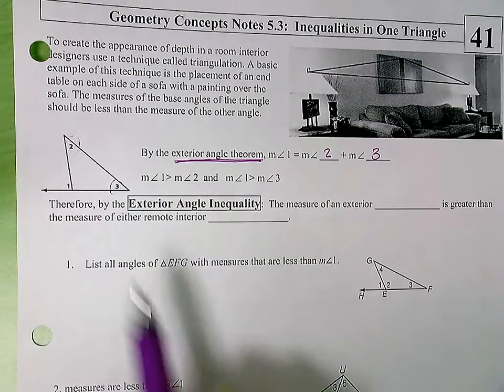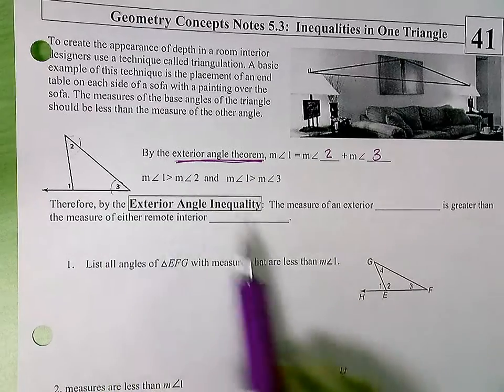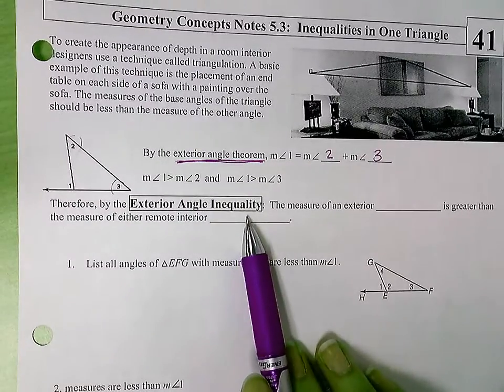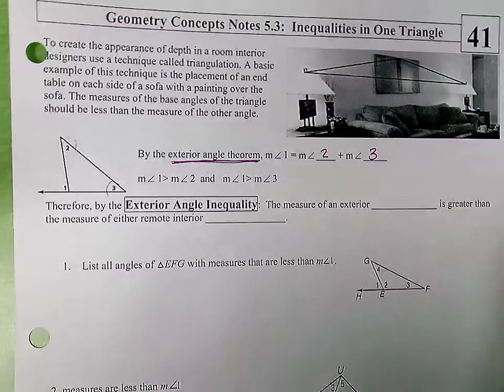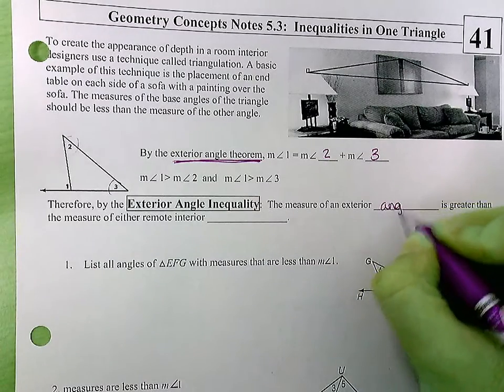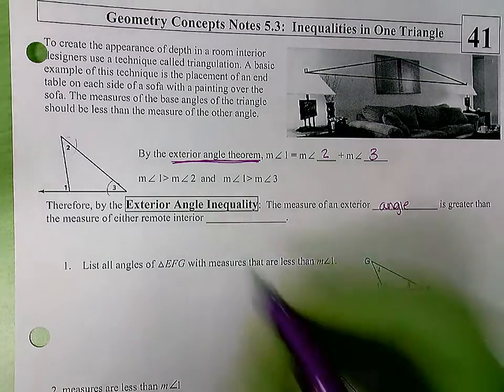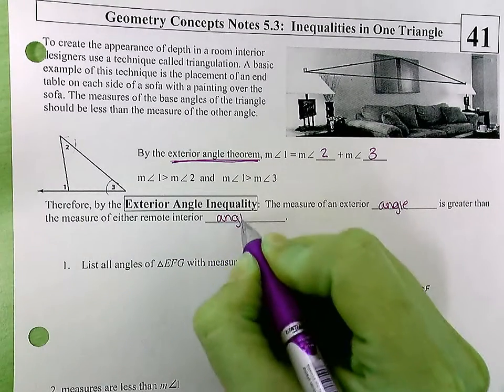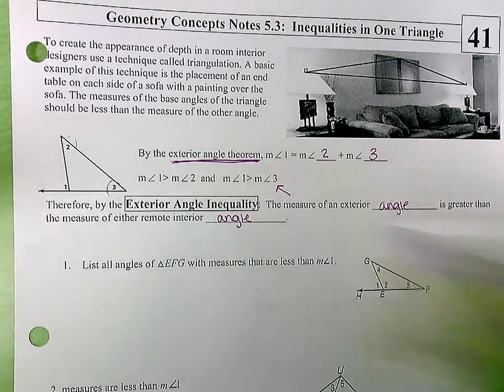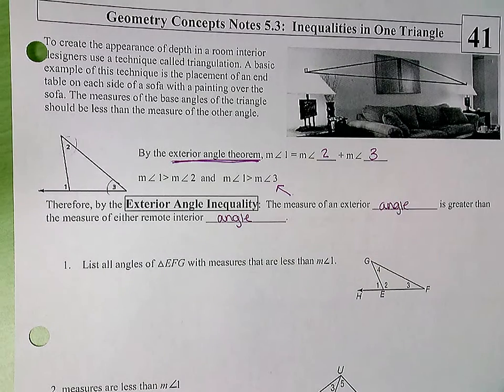Okay, so therefore, by the exterior angle inequality, the measure of an exterior angle is greater than the measure of either remote interior angle. Okay, and that's what we were saying up here. So that exterior one has to be greater than your remote interiors.